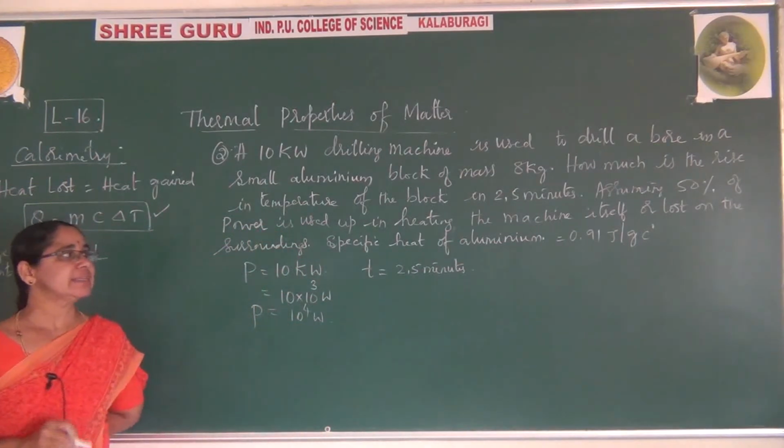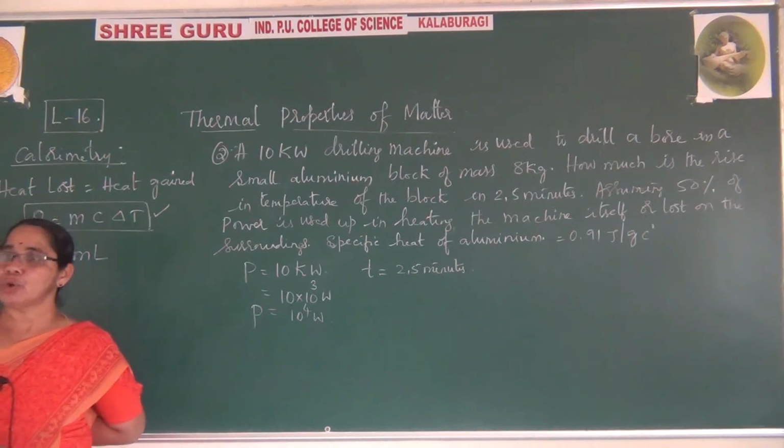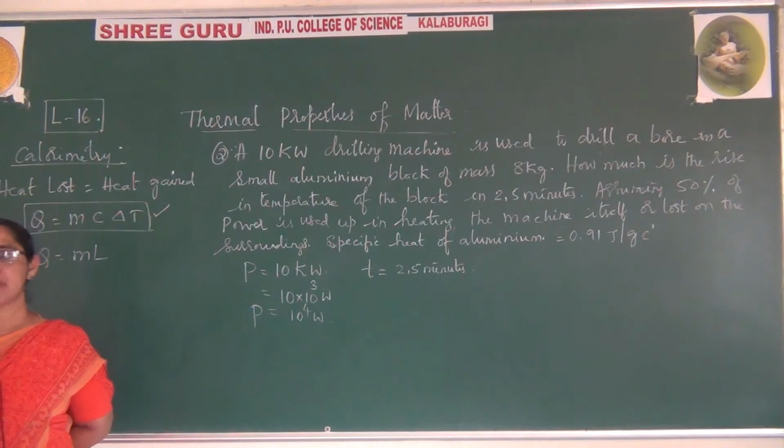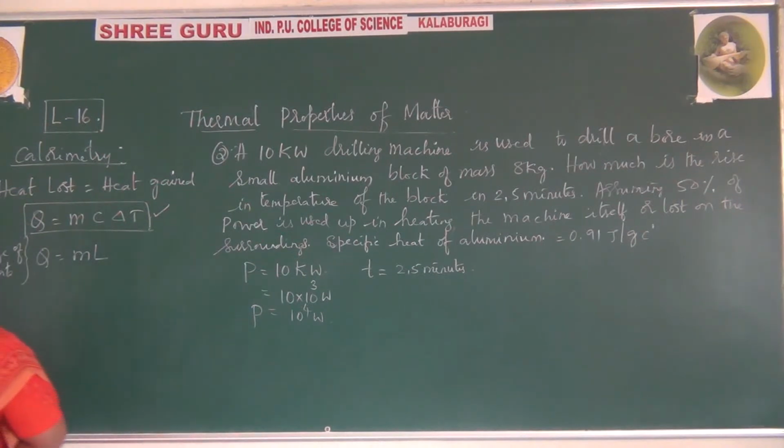If you are writing in the SI system, at that time we convert into seconds. Similarly, if you are in CGS also, the time interval remains the same. So you convert to seconds. 2.5 minutes, 1 minute equal to 60 seconds.